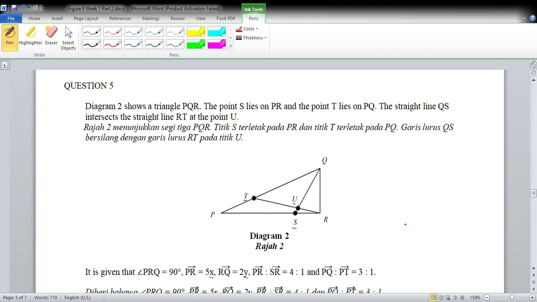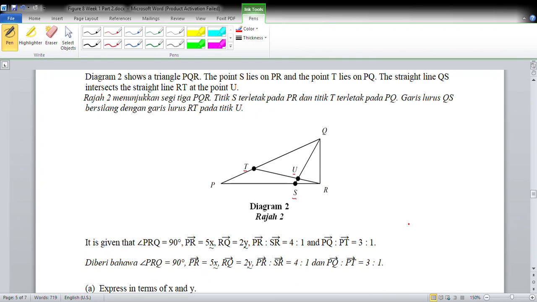And what else is given to us? Okay, PRQ is 90 degrees. PR is 5x, so this is 5x from P to R. RQ is 2y.